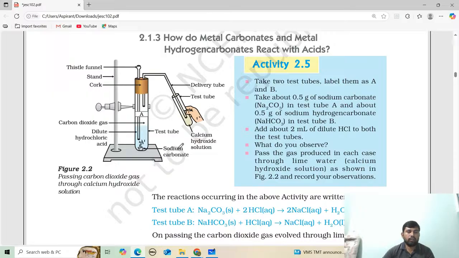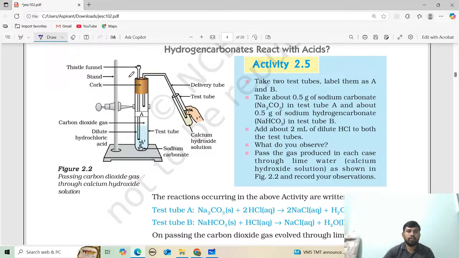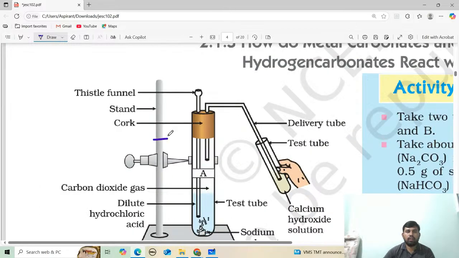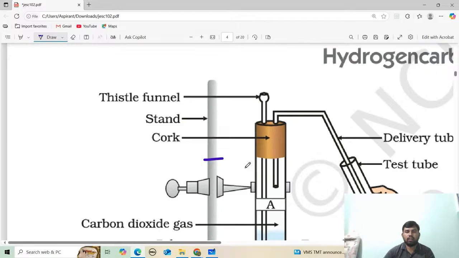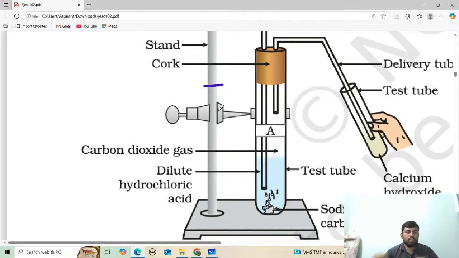So here, we can say, better take this picture. Just you can take here.